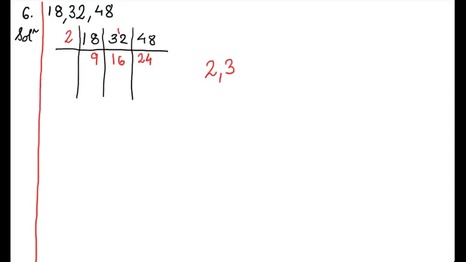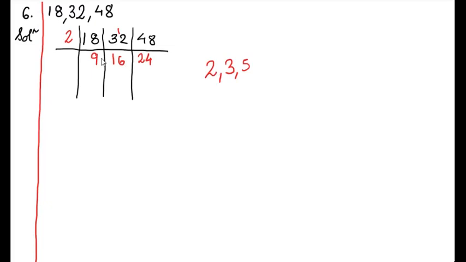So now we will see the next prime number after 3, that is 5. So are these three numbers 9, 16 and 24 divisible by 5? No, because test of divisibility of 5 is at units place you need 0 and 5. But here you can't see 0 and 5 at units place. Therefore, these three numbers are not divisible by 5. Okay.